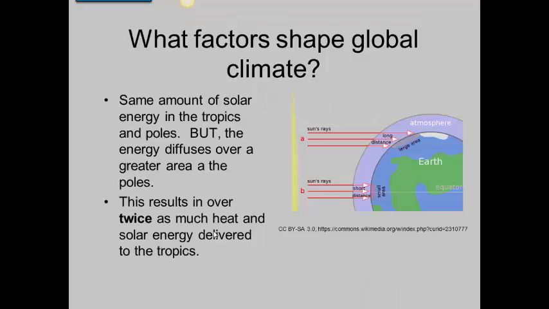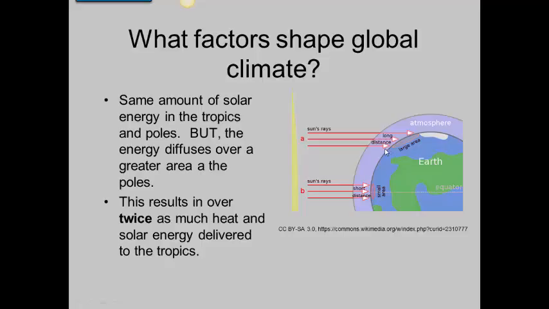Another important factor that drives the distribution of biomes by shaping global climate is something called uneven heating. This diagram shows the sun in yellow, and rays from the sun being delivered to the northern part of our planet and also to the equator.